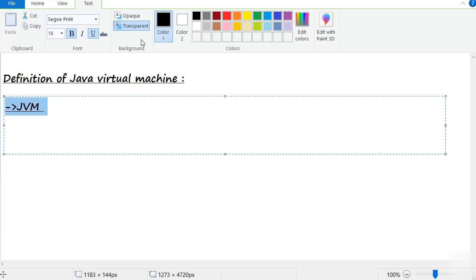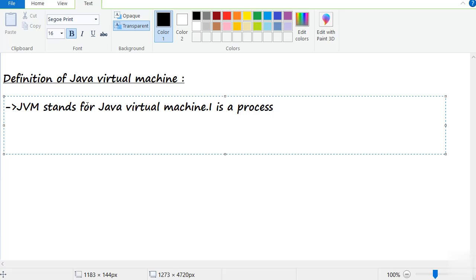JVM stands for Java Virtual Machine. It is a process-based virtual machine. JVM is a Java platform.